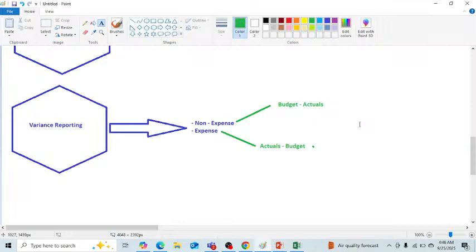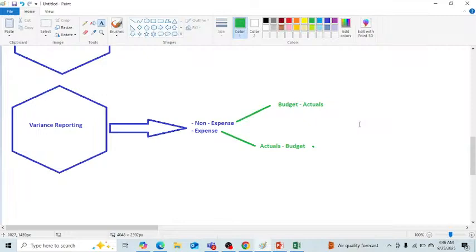For example, for an expense account, if your budget was $100 and you spent $120, the variance would be $20, indicating you were over budget. For a revenue account, if you budgeted $100 but made $120, the variance would be $20, indicating you were over the budget.